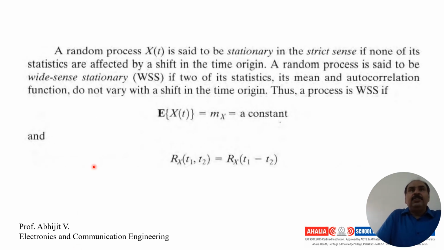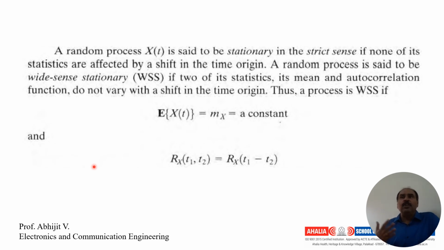Let us see an example and understand these two conditions in detail. A random process is said to be stationary in the strict sense if none of its statistics are affected by a shift in its time origin. This slide is particularly meant to make you understand the difference between SSS and WSS.